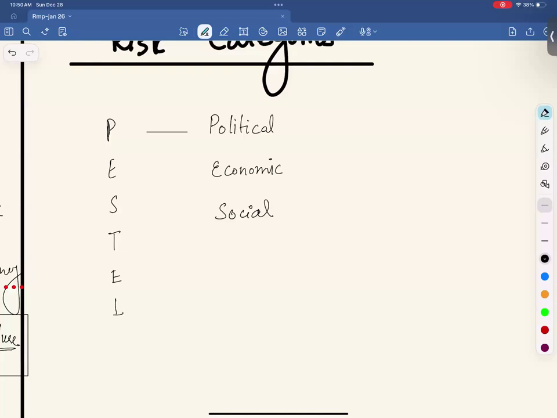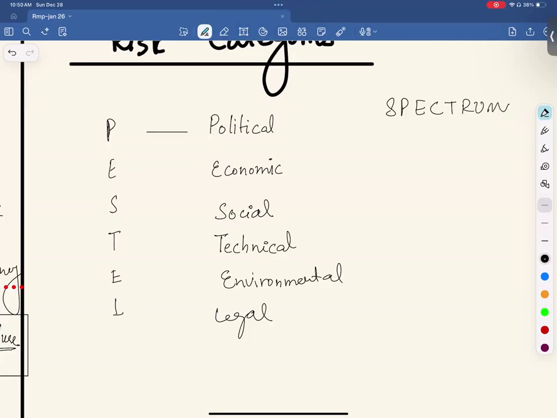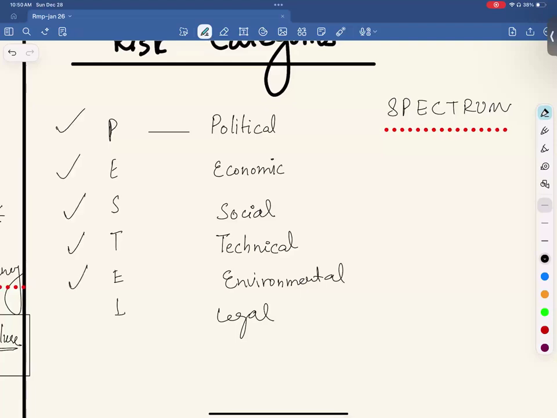I'll send a few names to PMI. Okay, do write them, but after the RMP, once we are done with RMP. Political, economic, social, technical, environmental, legal. And similarly, we use other abbreviations as well. These are different categories of your risks.